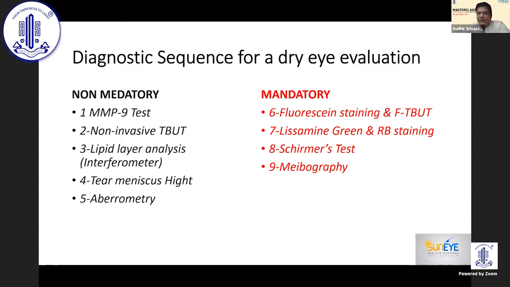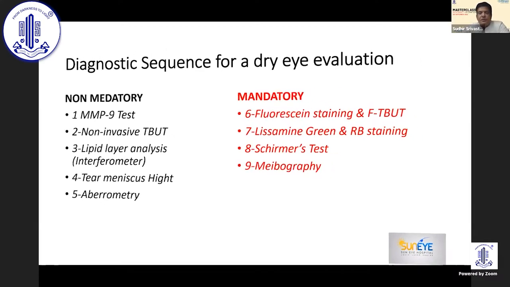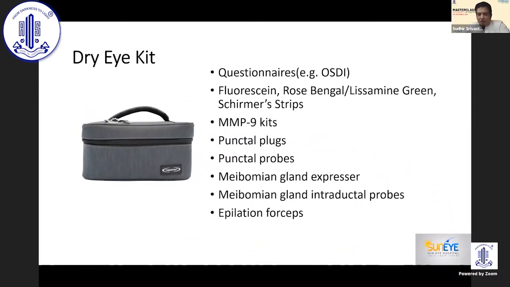Non-mandatory tests like the MMP-9 test help understand inflammation, and there are other invasive tests where we need certain documentation. They are not mandatory, but if you have them, you can easily do documentation using these tools.